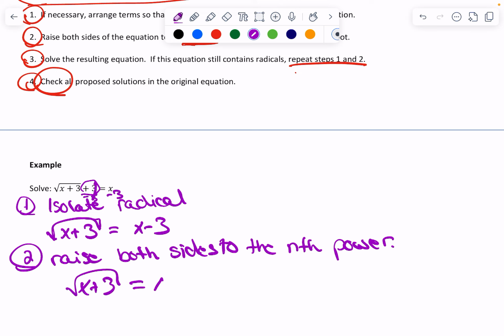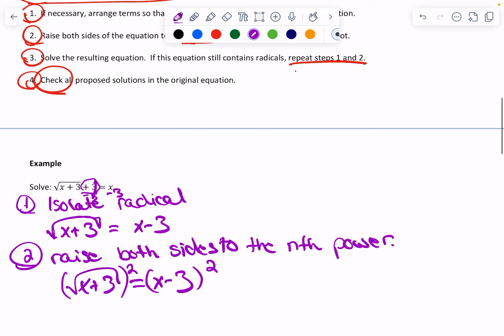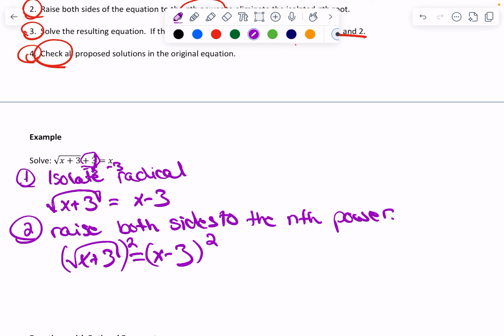The opposite of the square root is going to be squaring it. That will cancel the square root out. We have to raise both sides to the power of 2. So when we raise the square root to the power of 2, the square root goes away. So we get x plus 3 on the left, and on the right, we're going to have x minus 3 squared.